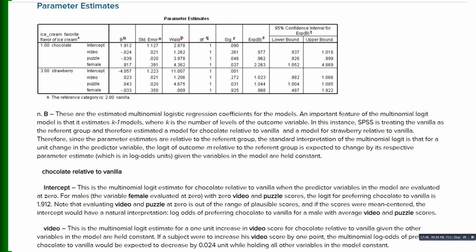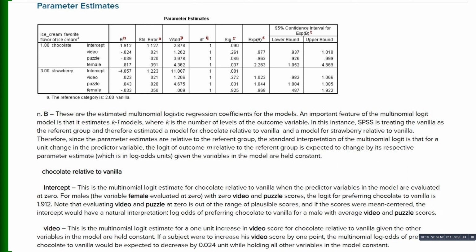Remember, ladies and gentlemen, we must look at these exponentiated betas. If the value of the exponentiated beta is greater than 1, then the sign of the coefficient will be positive. Like here, it is 2. So here the sign is positive for the gender. But in these two cases, for video and puzzle, the value of the exponentiated beta is less than 1. So the sign of the video and that of puzzle are negative.